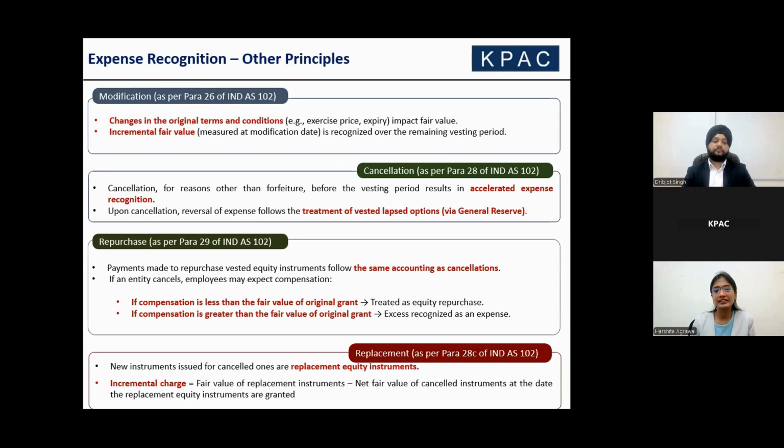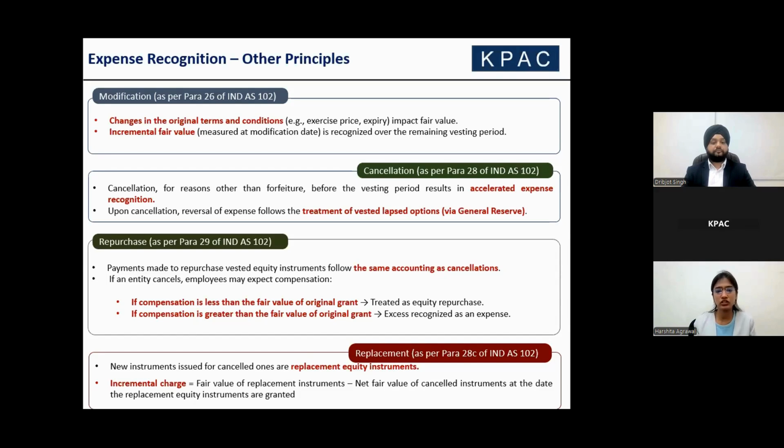This means that the company has to immediately recognize the full expense it would have otherwise recognized over the remaining vesting period. It doesn't matter whether the options were vested or unvested. Once the plan is cancelled, the cost has to be booked upfront. Upon cancellation, reversal of expense follows again the treatment of vested lapsed options, that is via general reserve.